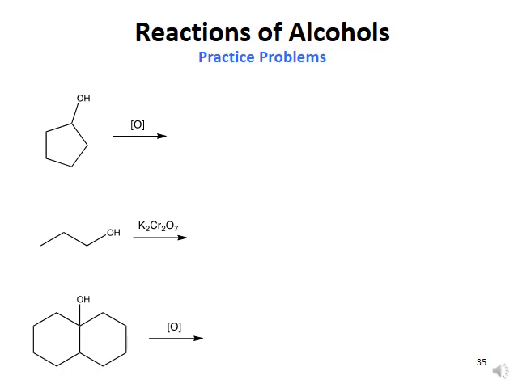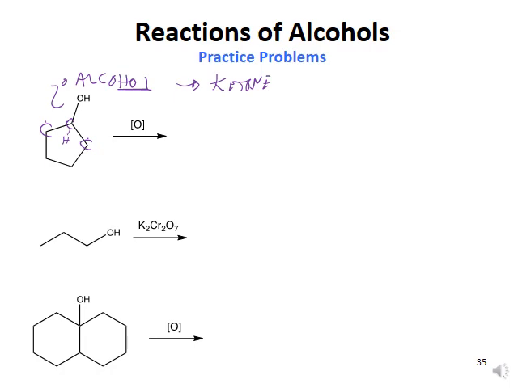Examples. Practice. Okay, let's try one. Well, first we have to identify what kind of alcohol this is. There's a C, there's a C, there's a C. And because that's 1, 2, 3 bonds, that's an H. So 2 carbons attached. That's a secondary alcohol. What happens when we oxidize a secondary alcohol? We make a ketone.